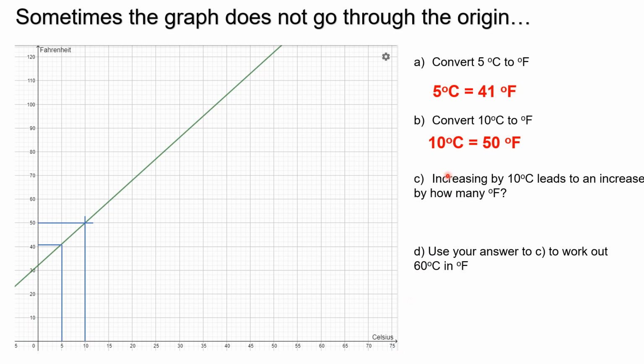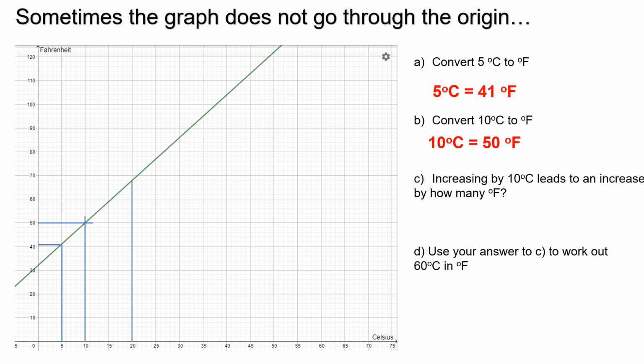However, we should notice that if we go to the right by 10 degrees Celsius, whatever we go up by will be the same whenever we do it. It's sort of like a staircase because the slope or gradient of the line is constant. So increasing by 10 degrees C leads to an increase by how many degrees Fahrenheit?